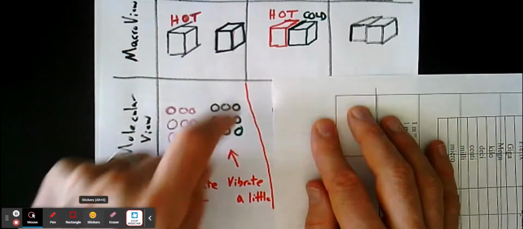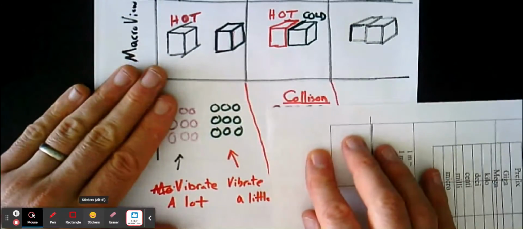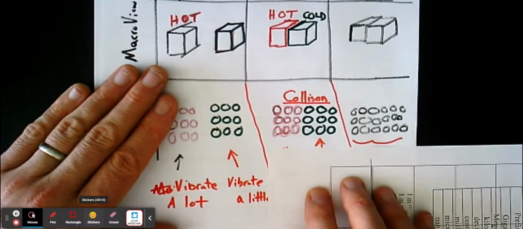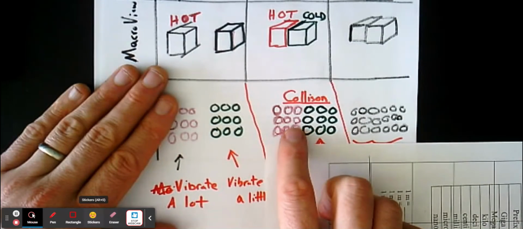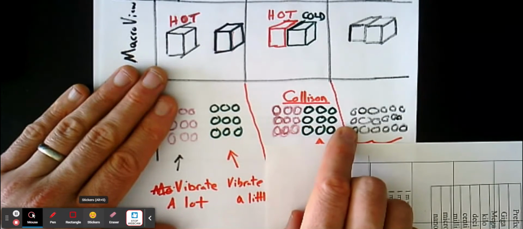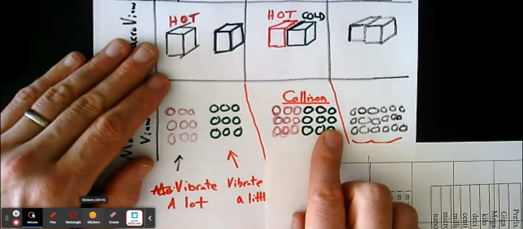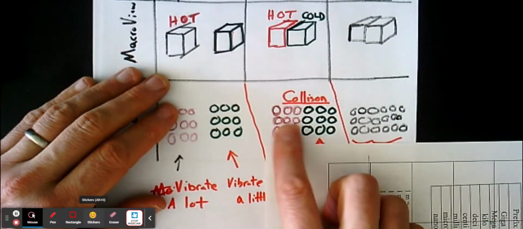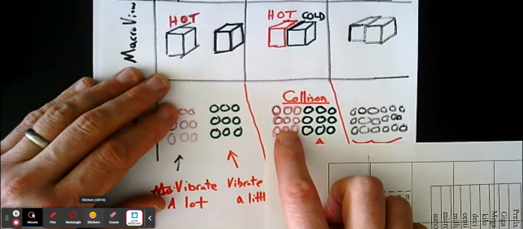All right. Then when they come into contact, you're going to have collisions, and these are going to collide with each other, and then that energy is going to dissipate or spread out through the material. So it spreads out through the water molecules. And these molecules over here will lose kinetic energy.